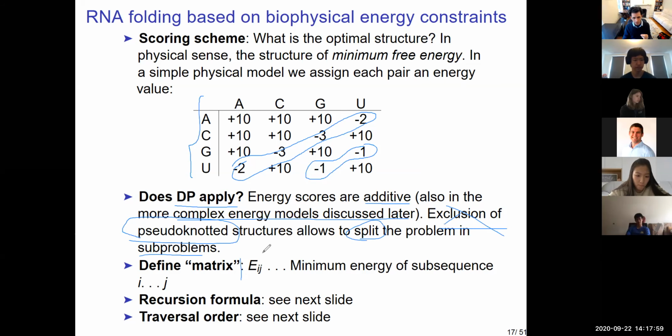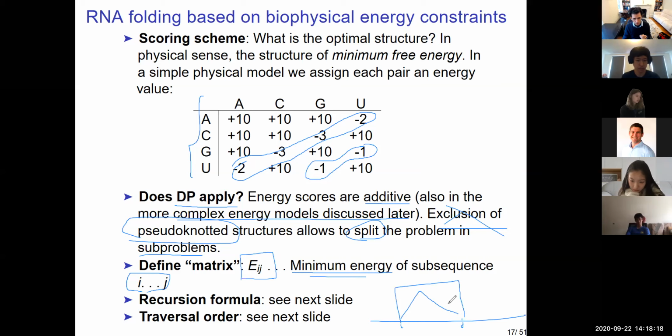And we're going to define this matrix E_ij, which is going to be the minimum energy of the subsequence from i all the way to j. So basically, if I have my RNA molecule, it's going to be starting at i and then going all the way to j. What is that part there? Okay. And then the recursion formula is going to be moving from the inside to the outside.